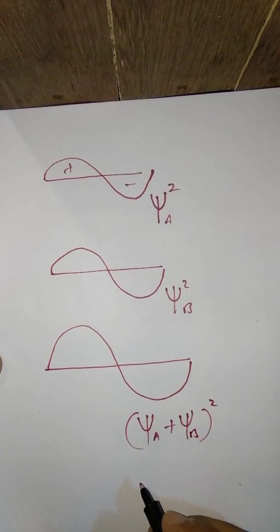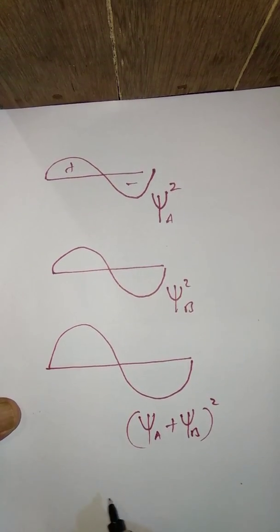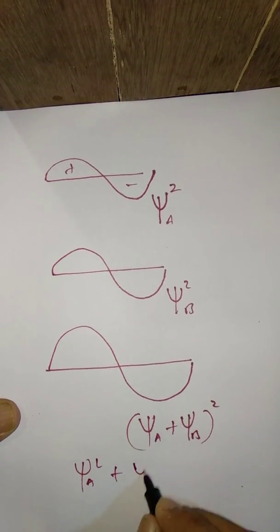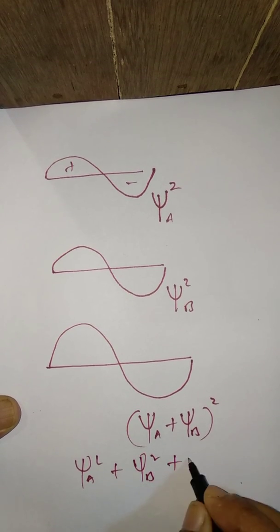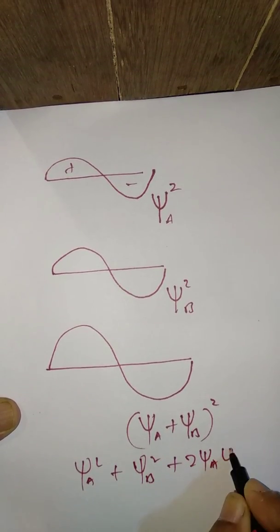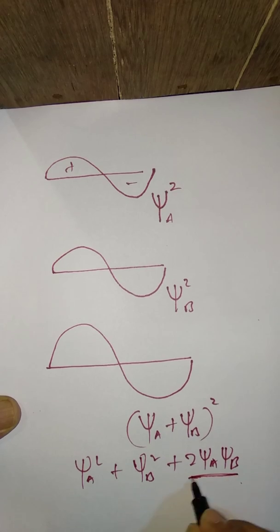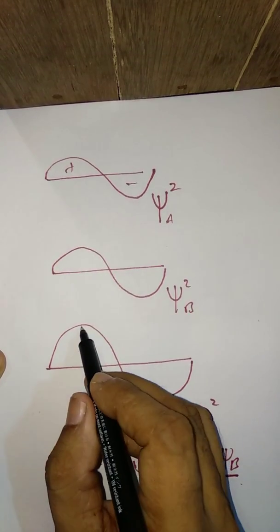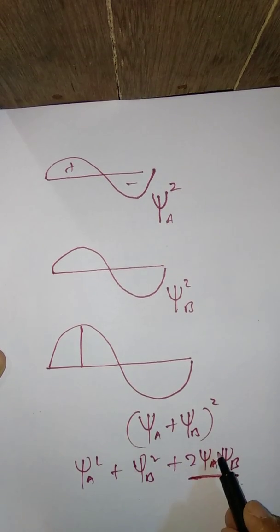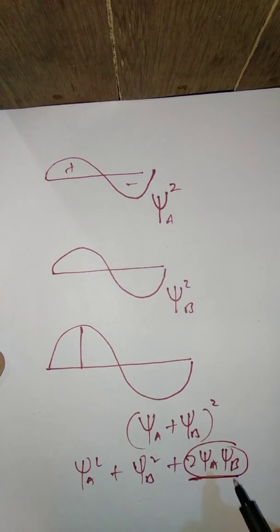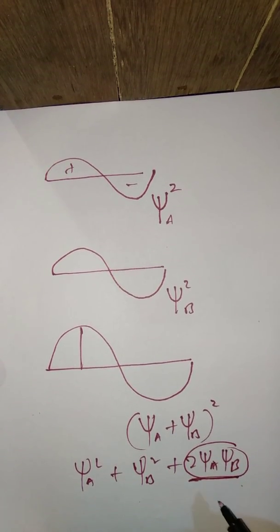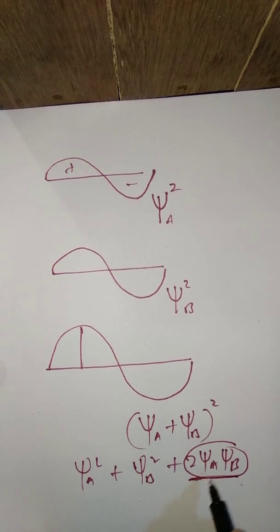According to the mathematics, it gives psi a square plus psi b square plus 2 psi a psi b. This extra amplitude increases, and that extra amplitude increasing means the wave function is increasing, and the wave function increasing means the probability of finding the electron closer to the nucleus is more in the molecular orbital.